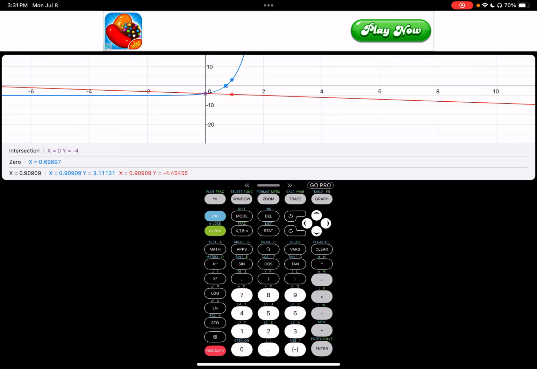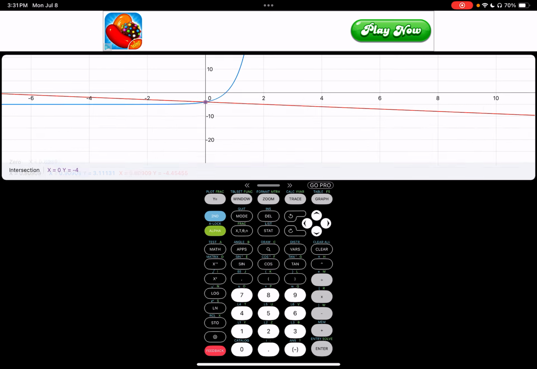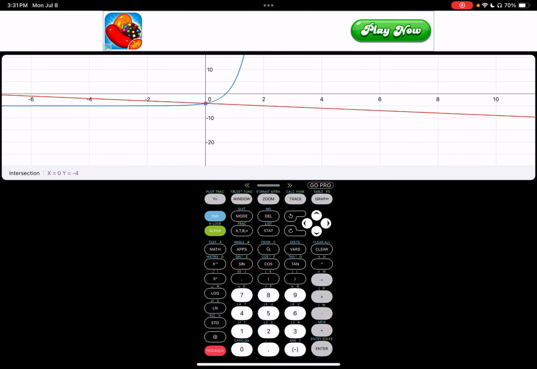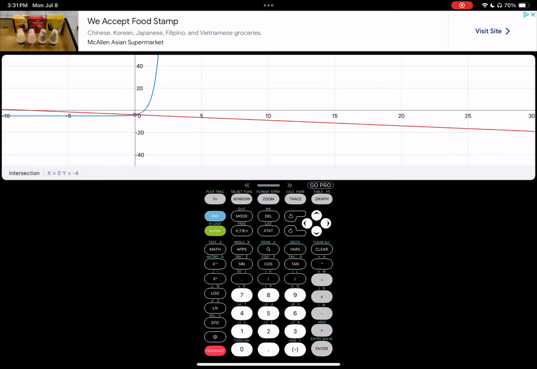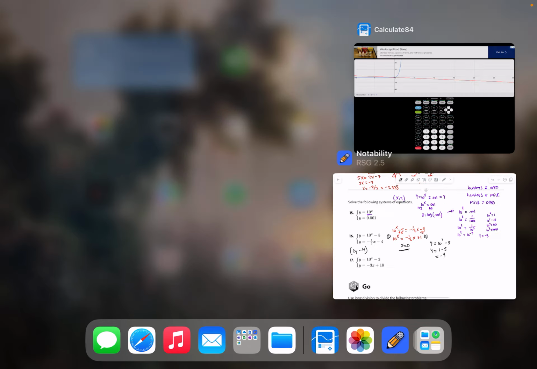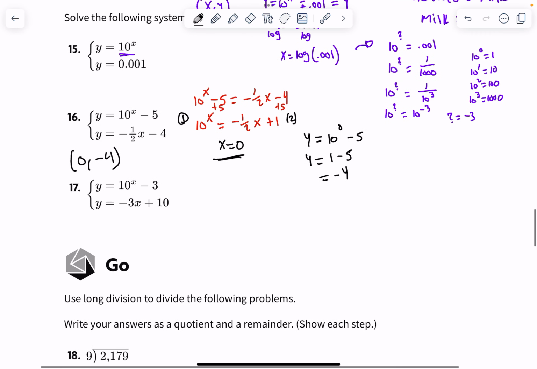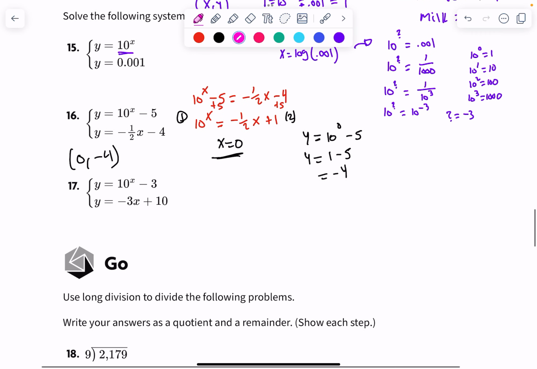So my intersection right there for x is at 0. So x is equal to 0, and my intersection here is negative 4. So it gives you the answer, okay? Two different ways of doing this. I hope that made a little bit of sense. These are a little bit more challenging, I would say, to think about.